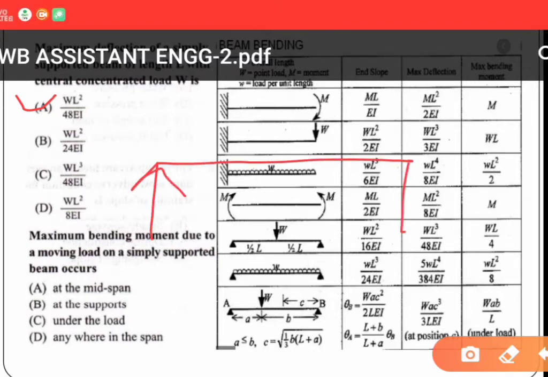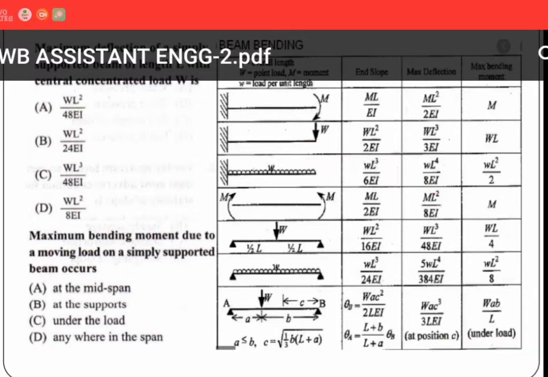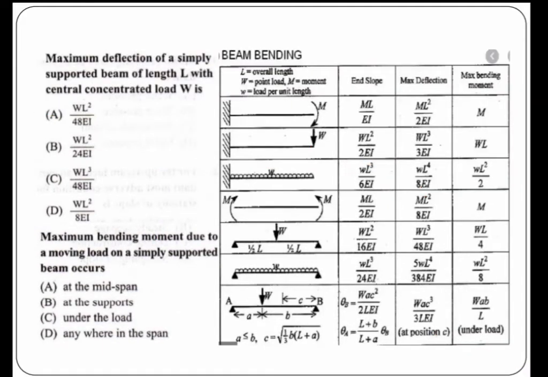At point A reaction A, at point B reaction B, and the middle point is point C. Here we need to find the deflection of the particular simply supported beam. Okay. And I have given some different types of beams and different types of loading conditions with respect to their end slope, maximum deflection and maximum bending moment. Now proceeding to the next question.